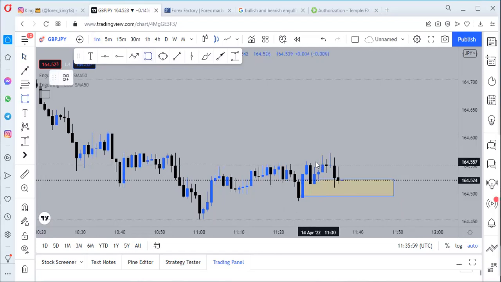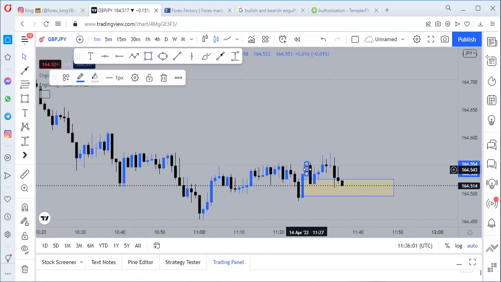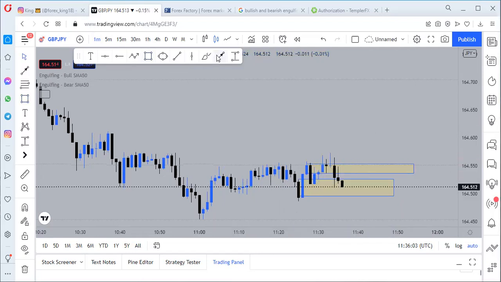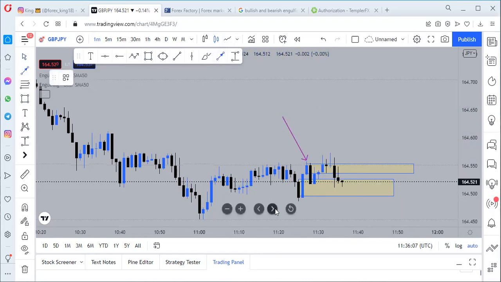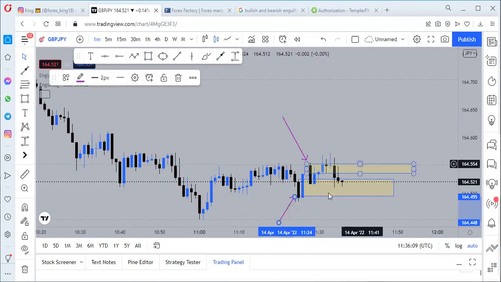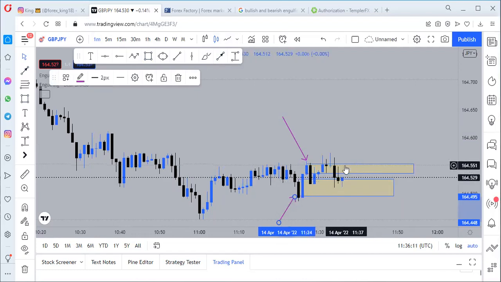If you look closely, it also formed a bearish here, and we have a bullish here. If you track this kind of trade, you're in danger. You are gambling, you are not trading. That's why I'm advising you not to look for bullish engulfing and bearish engulfing in smaller time frames.